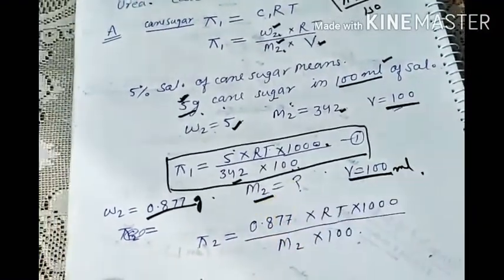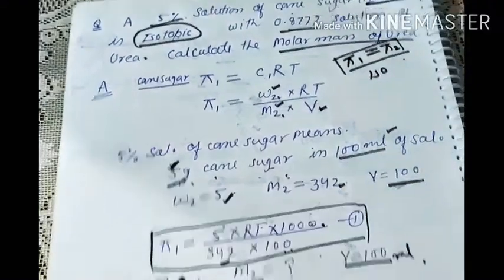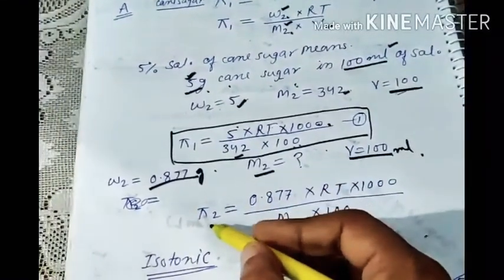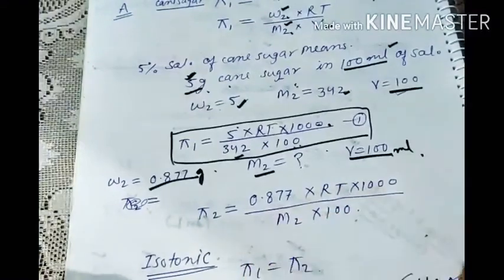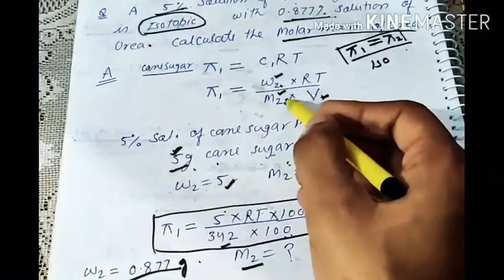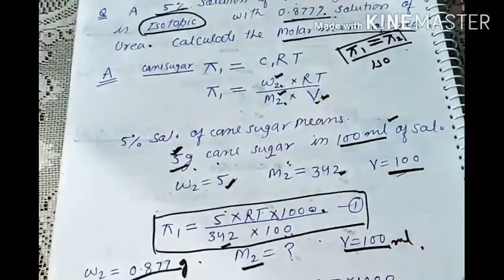Molar mass is not given. Listen, molar mass is not given anywhere, and they are asking we'll have to calculate the molar mass of urea. So this is the formula of osmotic pressure. Again, osmotic pressure means W2 mass of solute divided by molar mass of solute, RT into volume of solution.